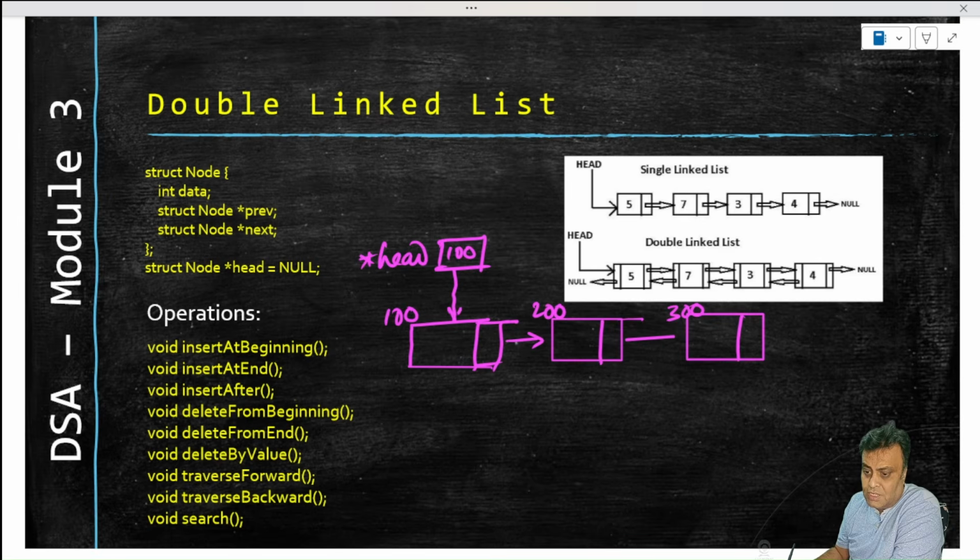That means it is pointing here, and that's your linked list. And we have a null here, we have 200 here, we have 300 here, and that is how the linked list is linked. This is something that we already know.